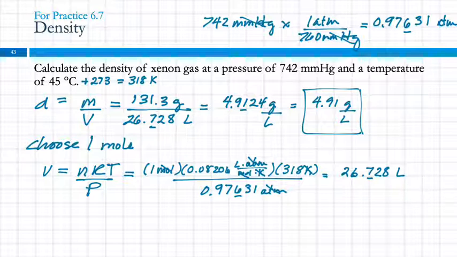They have to tell me something about the temperature and the pressure. If they say at STP, then it's 273 Kelvin and 1 atmosphere. If they don't tell me, then I can't really solve the problem.